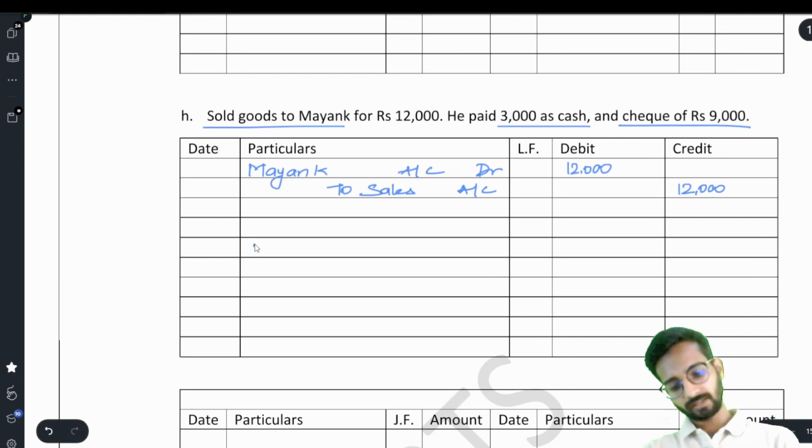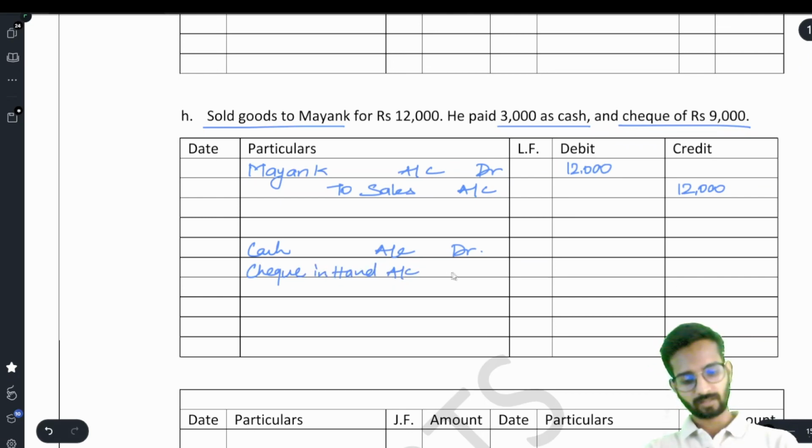So we will write cash account debit, because we are receiving it, cash is increasing, and we have received a check. So we can write here check in hand account debit to Mayank. 3,000 cash, 9,000 check, and 12,000 in Mayank.